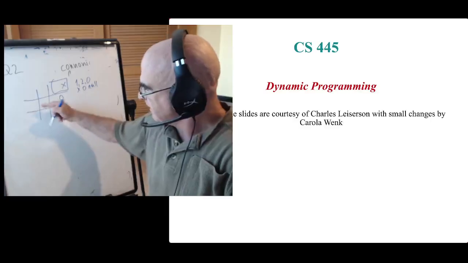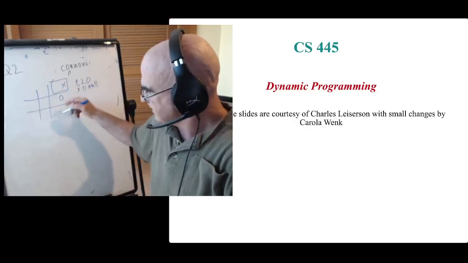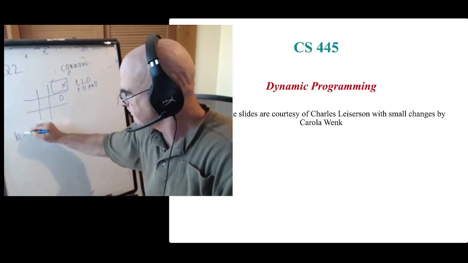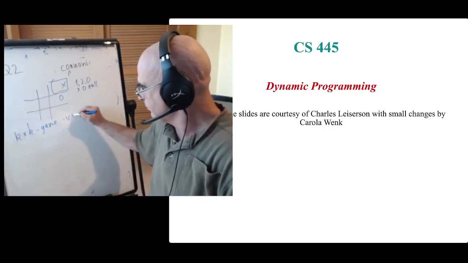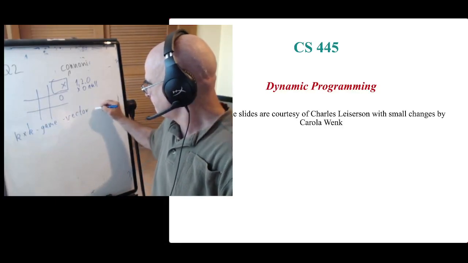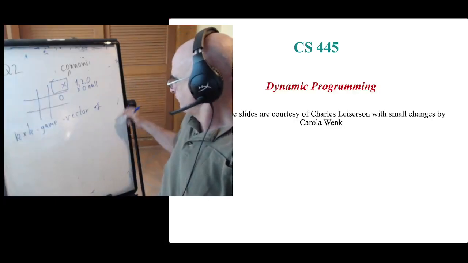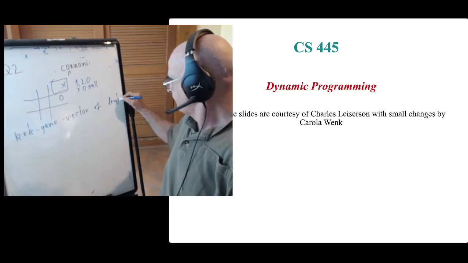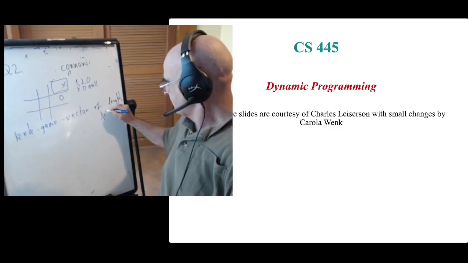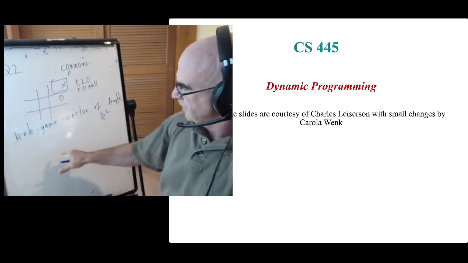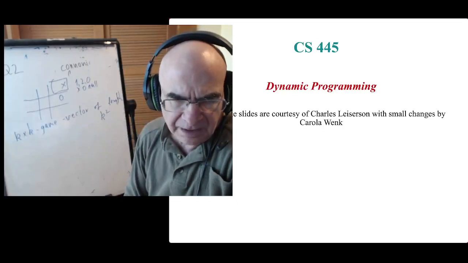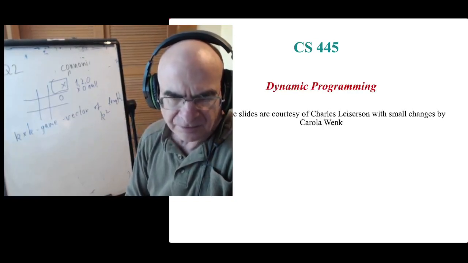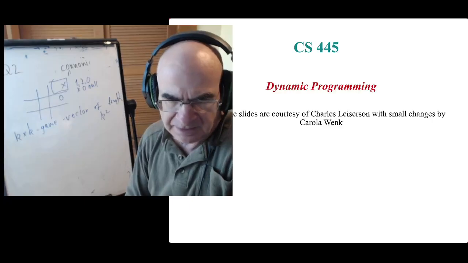Next I have 9 cells, or in a K by K game, we have a vector of length K square. And even if you don't like geometry, the term vector here just means it's a list of numbers. It's not a single number.